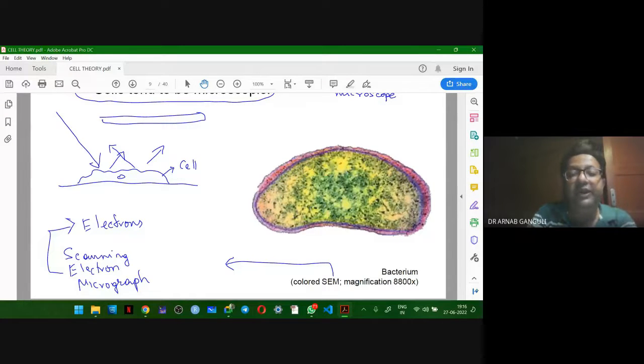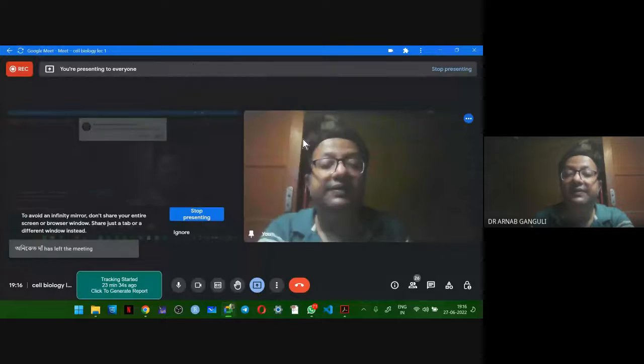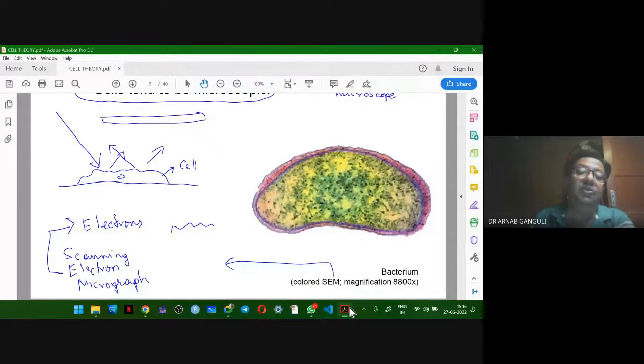By watching the scattering, you can understand how rough the surface is, the ups and downs of these curvatures on the surface. You can see it is scattered, so you get an image over here. You see these little details. That is because of the scattering.